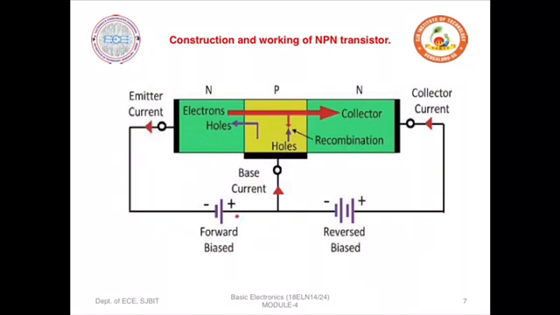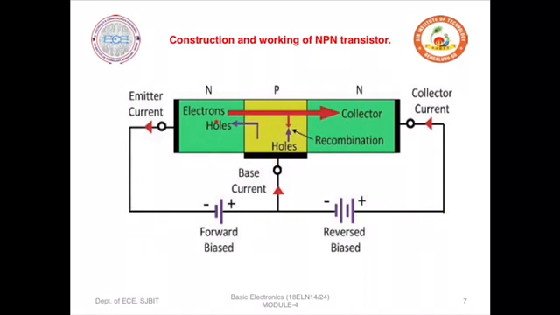That is one biasing voltage, between emitter and base. Similarly, one more biasing voltage is between collector and base, which is positive towards the collector and negative towards the base. In this, as you know, in NP, N is the emitter and P is the base.